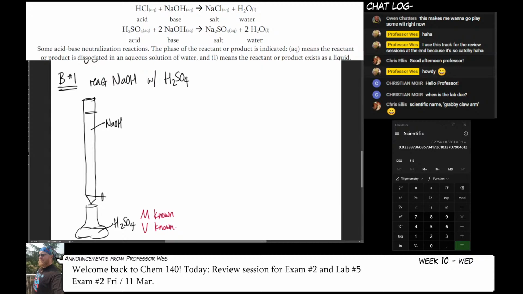For the first part, again, part B, number 1, the amount of sulfuric acid that you use is known, so its volume is known, and its molarity is known. And remember that if you know the molarity and the volume, you know the number of moles. Now, if you know the number of moles of sulfuric acid, then by using the balanced chemical equation up here, you can do something like this, right?